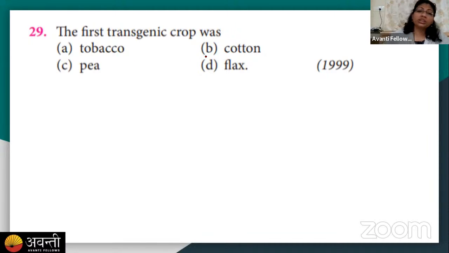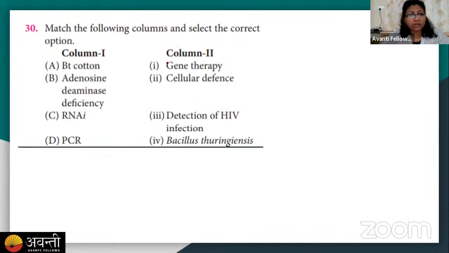Right, the option is cotton. So BT cotton was the first genetically engineered crop which we introduced in our country. So the answer is BT cotton, or we can say cotton itself.